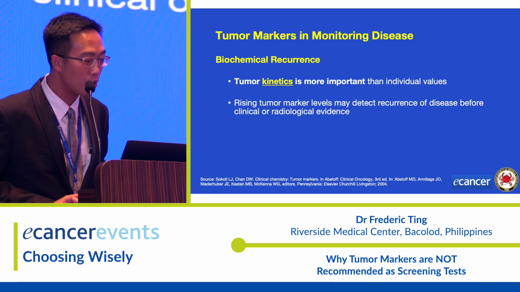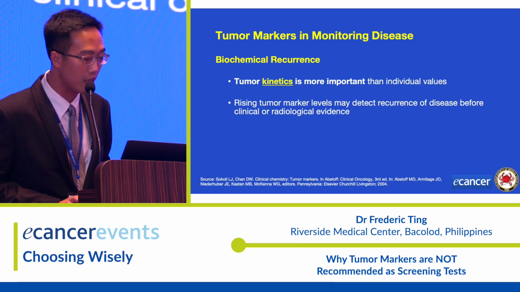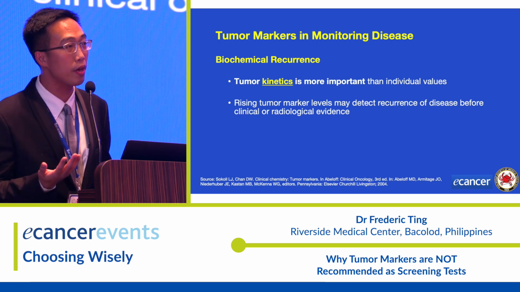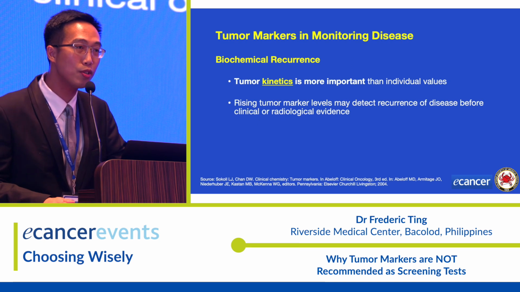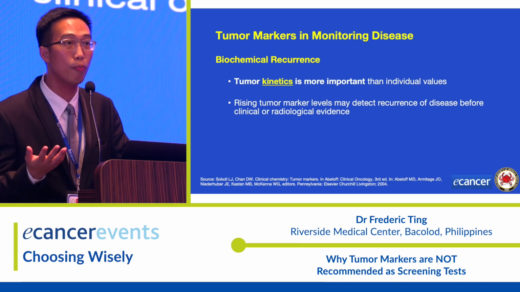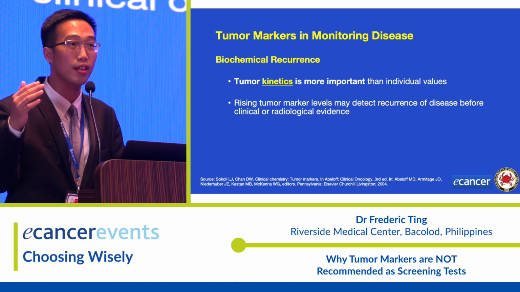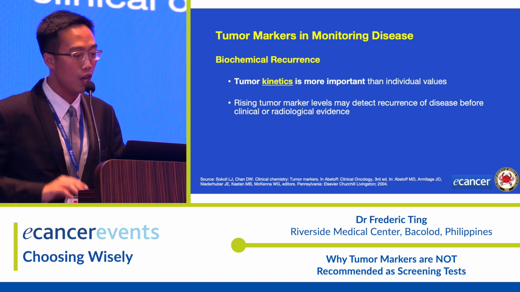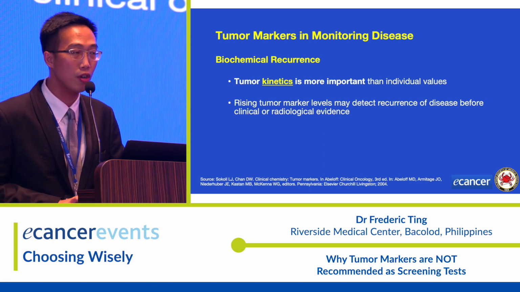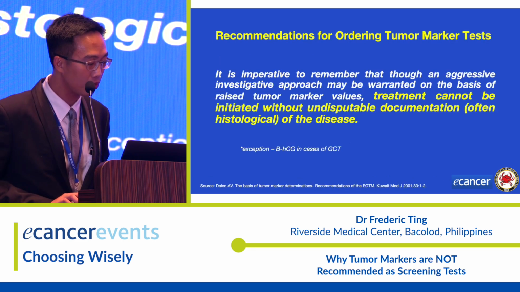So a rising tumor marker level may detect recurrence of disease before clinical or radiological evidence. If you remember, part of monitoring patients with colorectal cancers is through monitoring of CEA almost every 3 months when they follow up with us post-treatment. So if we see a trend in the rise of CEA, then that gives us an idea to investigate further because it may be an early signal of tumor recurrence.